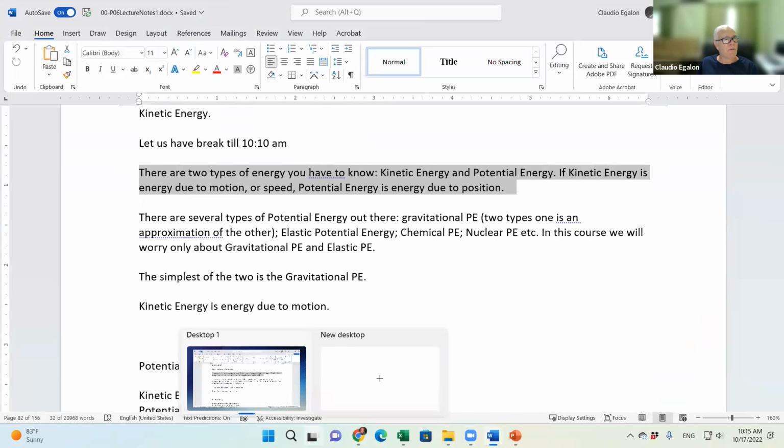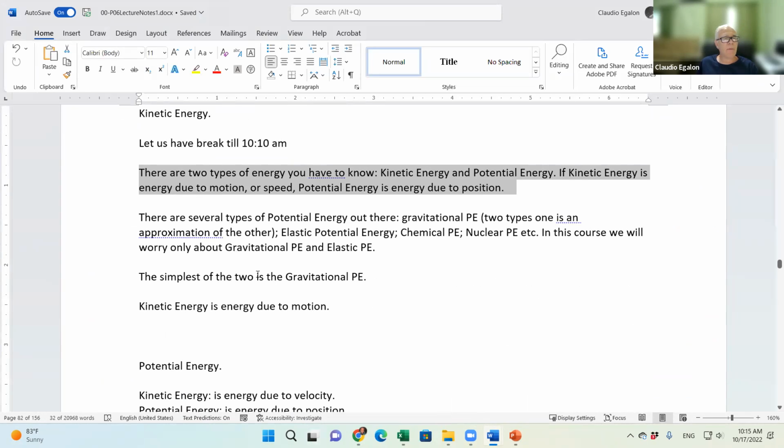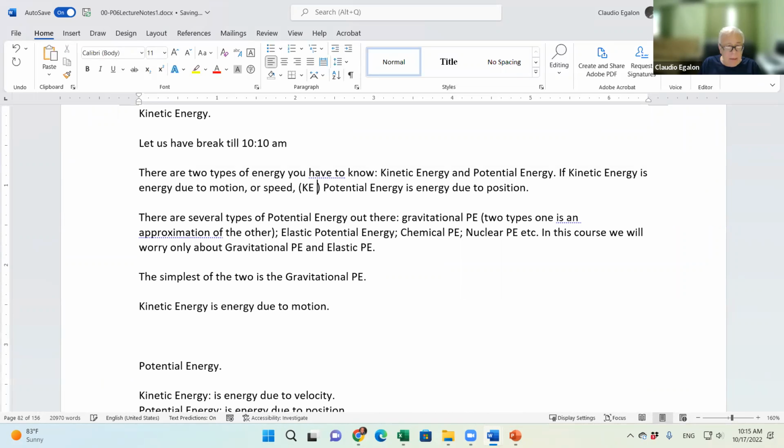So there are two types of energy you have to know: kinetic energy and potential energy. If kinetic energy is due to motion, or speed, potential energy is due to position, okay? In a mathematical sense, we say that the kinetic energy is a function of the velocity.